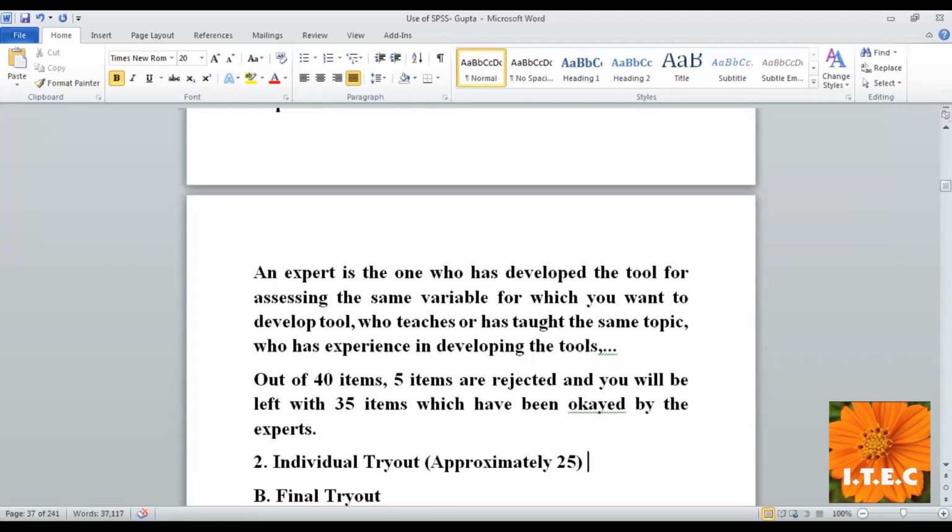After taking the permission, you can take one individual from that particular group and introduce yourself to him or her and tell the purpose of your coming and your taking his help. You should tell that I am developing the tool for this particular variable and I need your help.